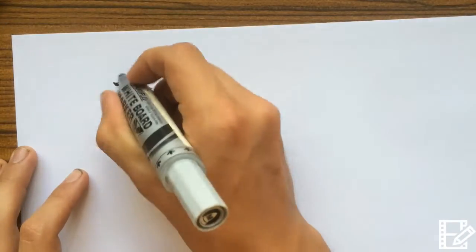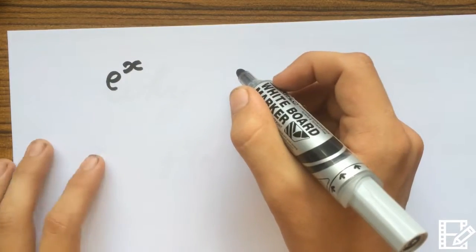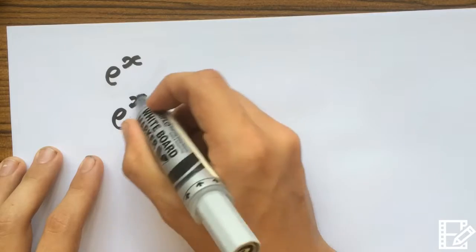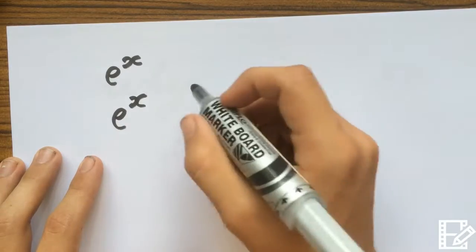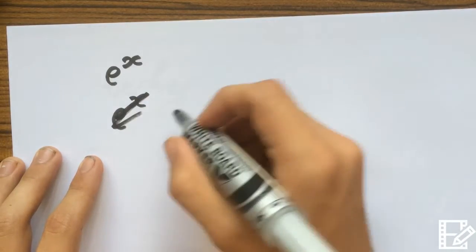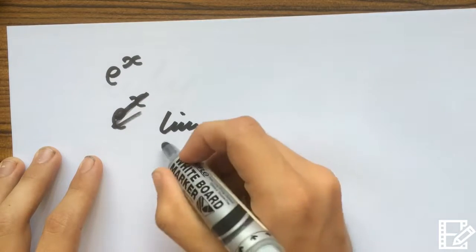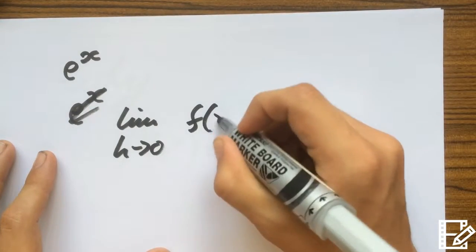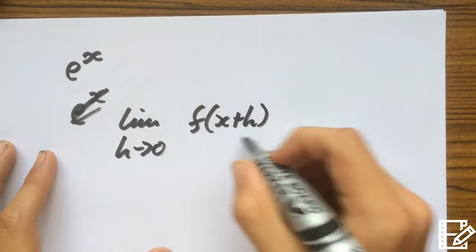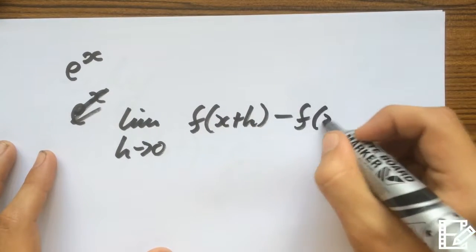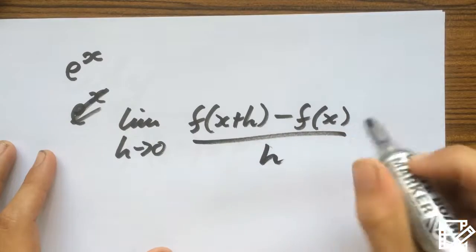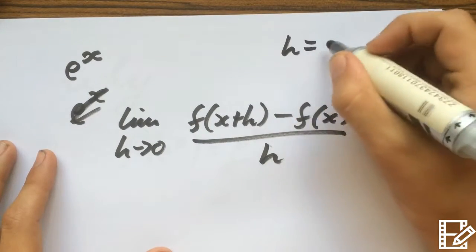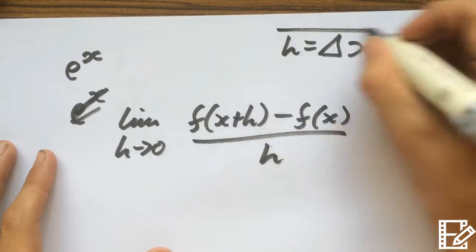Okay, let's start with e to the x. Now, first of all, the limit equation looks like this. Okay, h is delta x.